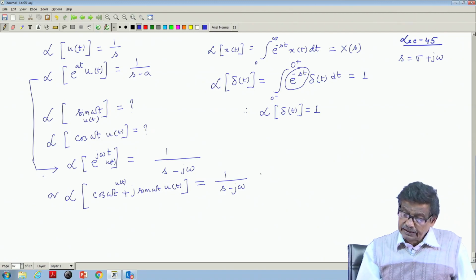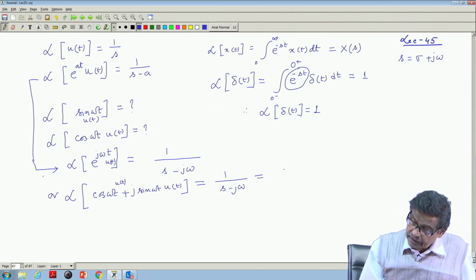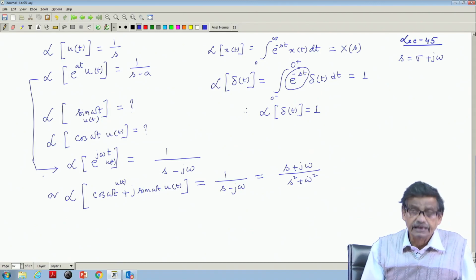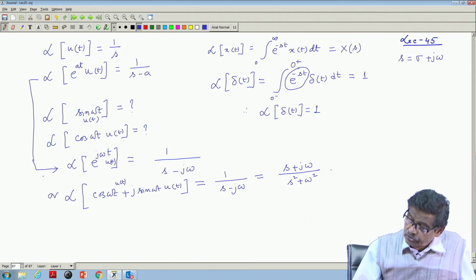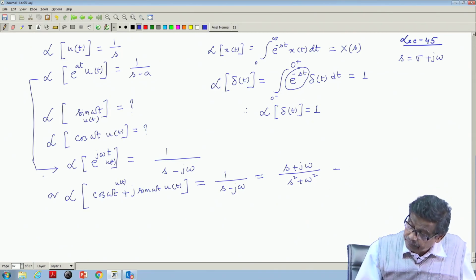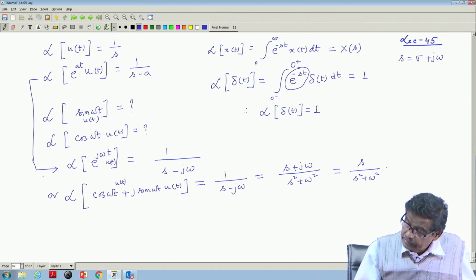Now, I can multiply both numerator and denominator with s plus j omega, and if you do that, you will get omega square in the denominator. Mind you, j is root over minus 1. So, this can be written as s by s square plus omega square plus j omega by s square plus omega square.